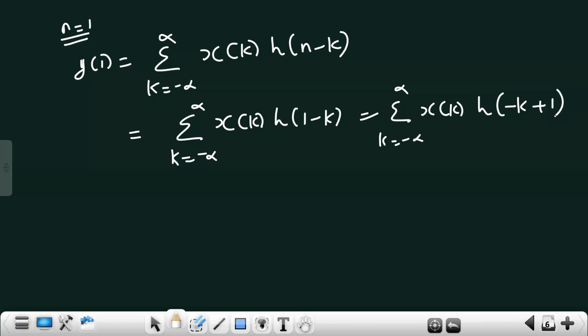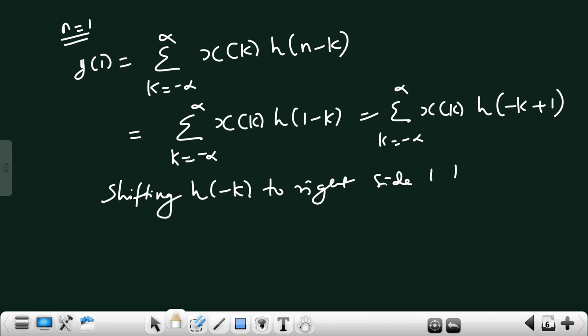Yes, shifting h of minus k to the right side by 1 unit. Already we have h of minus k with us, so we have to shift towards the right side. So kindly observe the previous graph and shift.